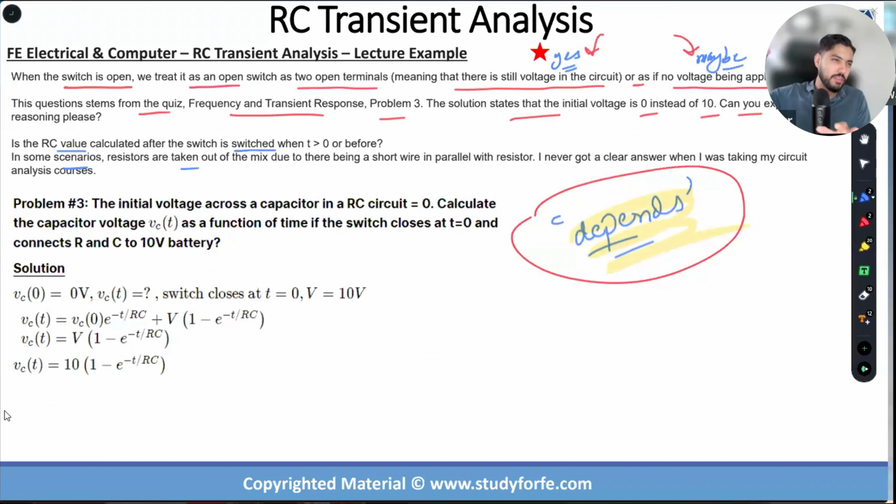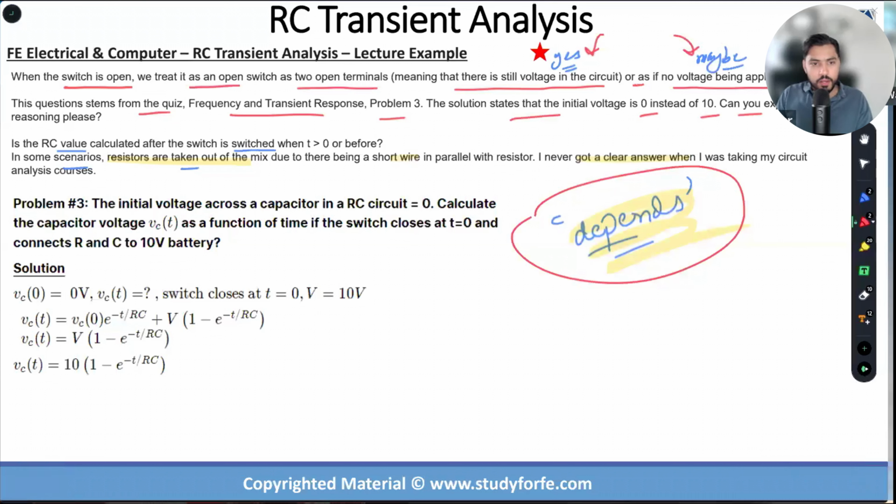The remaining 25% of it was device specific electronics knowledge superimposed on top of circuit analysis. Okay. So this question, in some scenarios, resistors are taken out of the mix, and in some scenarios, they are being shorted or whatever. I never got a clear answer when I was taking my circuit analysis course. Okay. So yeah, hopefully this will help clear things out, guys.